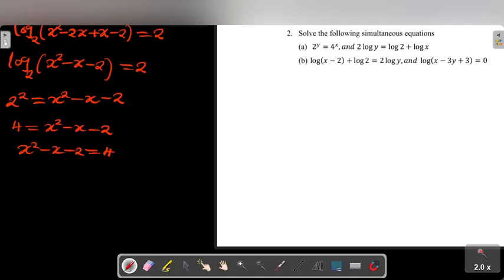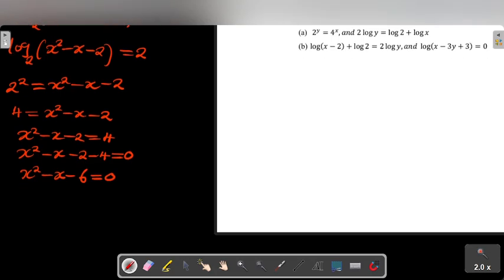The positive 4 crosses the equal sign and becomes negative 4. So we have x squared minus x minus 2 minus 4, which is negative 6, equal to 0.